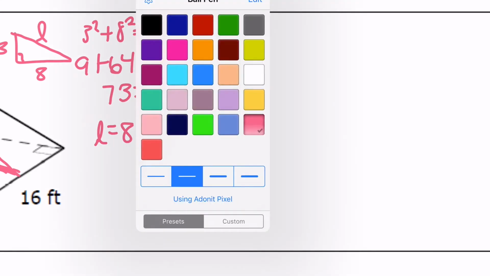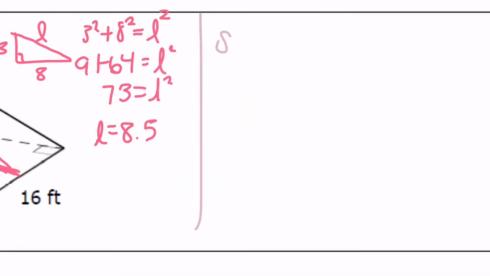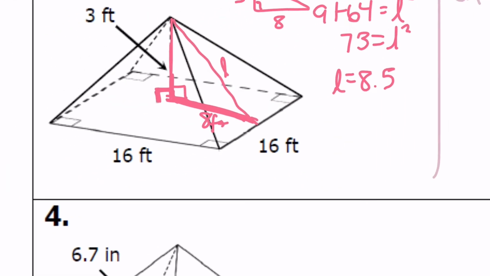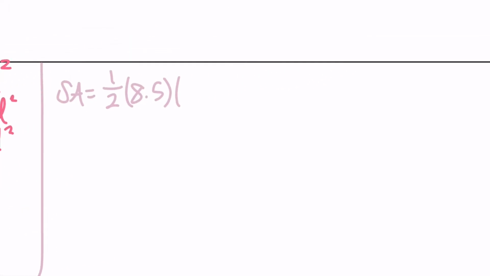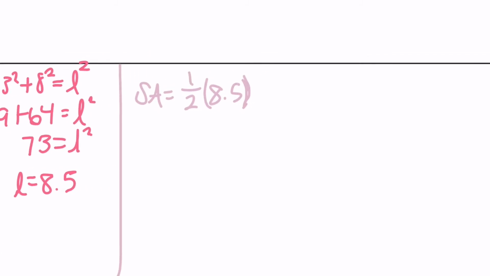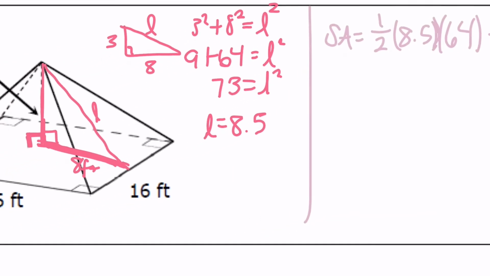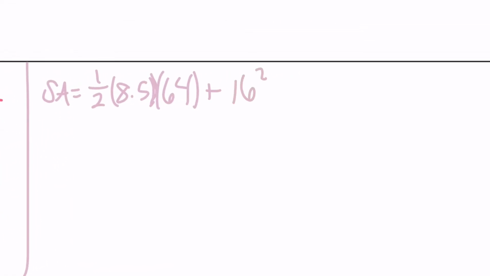Now I can use my formula for the surface area of my pyramid and find that surface area. So 1/2 times my new slant height of 8.5 that I just found times the perimeter of the base. This one actually happens to be a square as well, so 4 times 16, so 64, plus 16 squared.